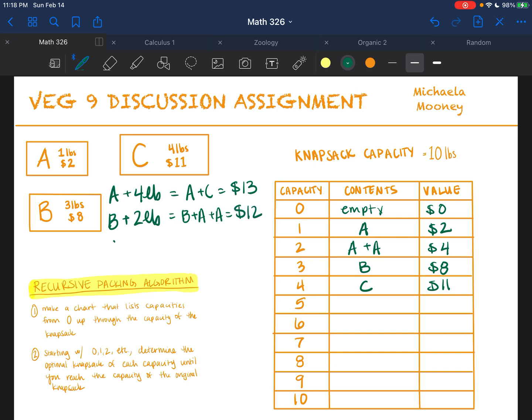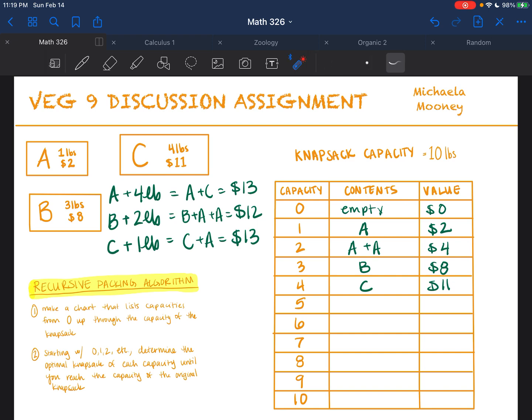And then we can also do C. C weighs 4 pounds. So if we fill 4 out of our 5 pound capacity, we have 1 pound left over. And if we look at the optimal combination for 1 pound, it's just A. So we do our original C plus A, and C is $11, A is $2, so that is a value of 13.